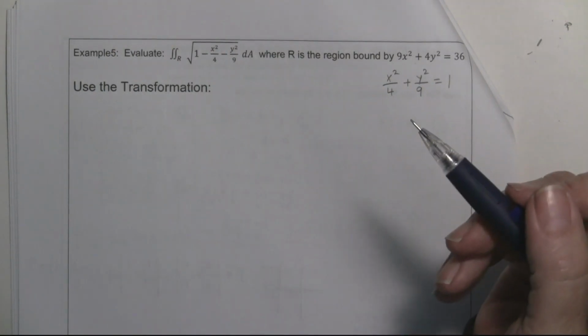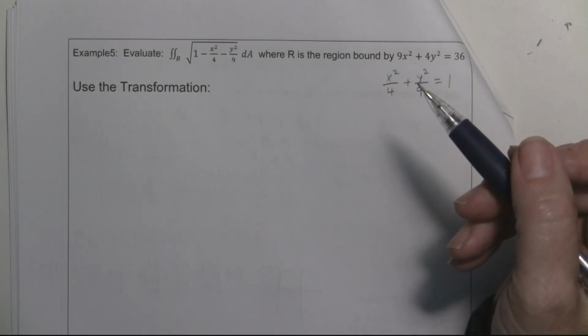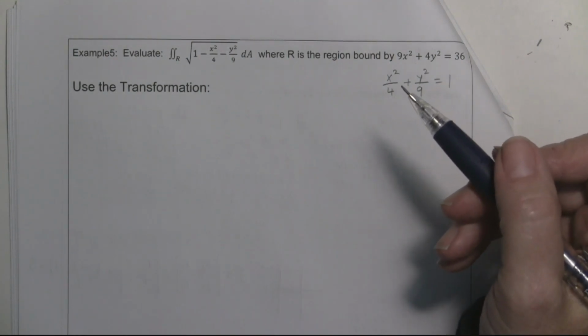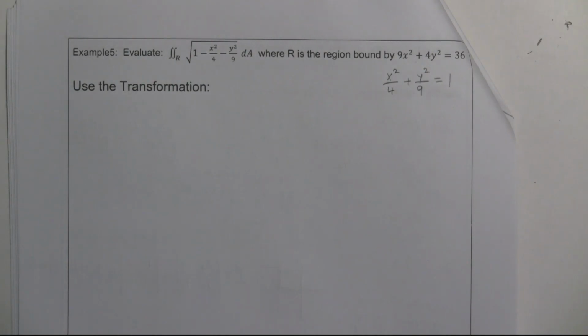So what I want to do is use a transformation that turns an ellipse into a circle. That's what I would like to do. That's kind of the idea. In order to turn it into a circle, you want to knock out the denominator.